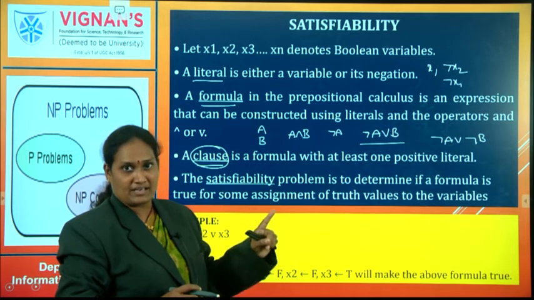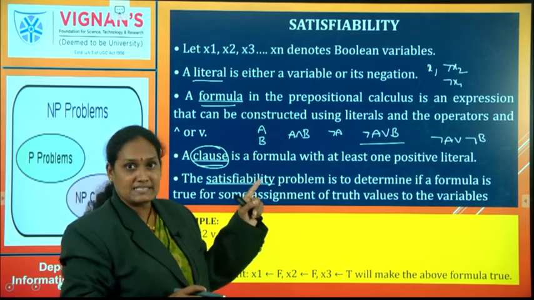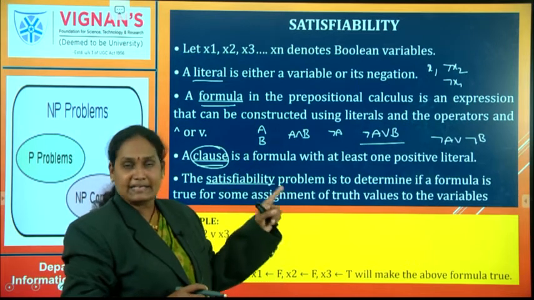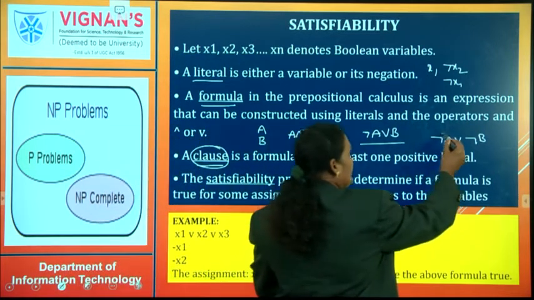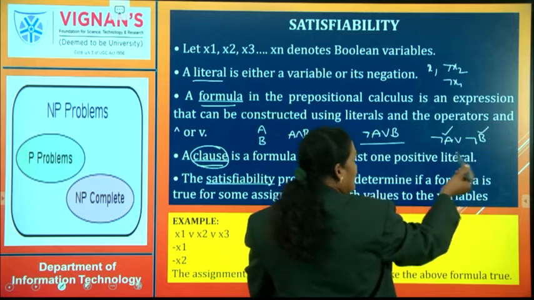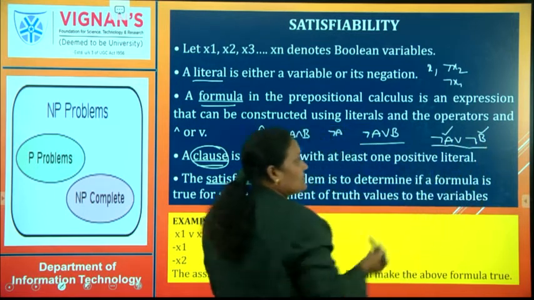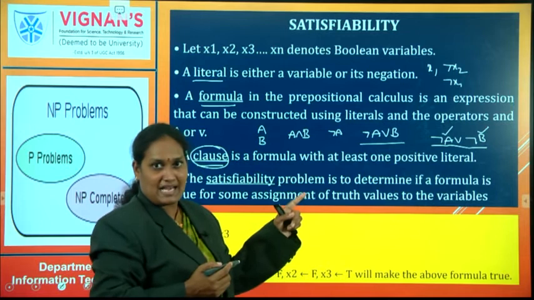No, it is not a clause, it is just a formula, since all literals are negative: A is negated and B is also negated.